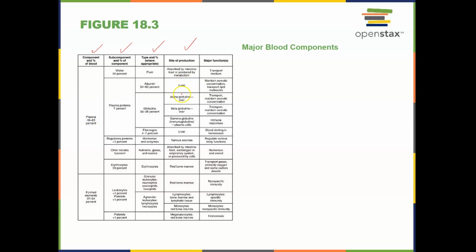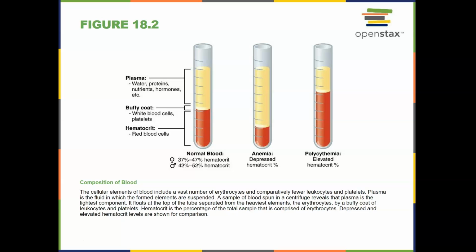A lot of plasma is made in the liver, a lot of the plasma proteins, the albumins, and then their major functions. So here's your plasma and your formed elements, the leukocytes and the platelets and the erythrocytes. I think this is really funny because this line should have been here because erythrocytes are a part of the formed elements. This should not be here like this. Hope they fix that in the next edition of the book.